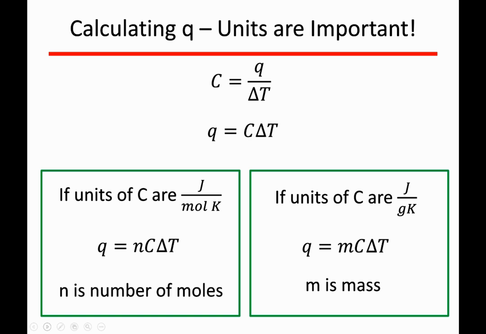Because if you see grams in the units, you need to multiply by grams to get the units of grams to cancel out. This would give you the equation Q equals mC delta T, where m is the mass in units of grams, right? This is all about using the correct form of the equation so that you can get the units to cancel out.